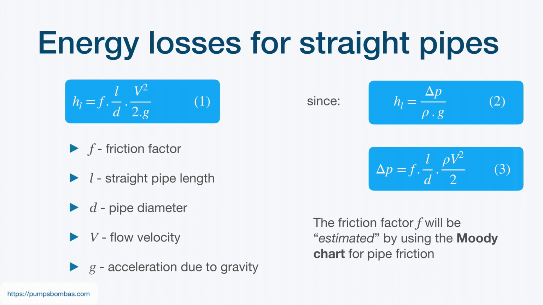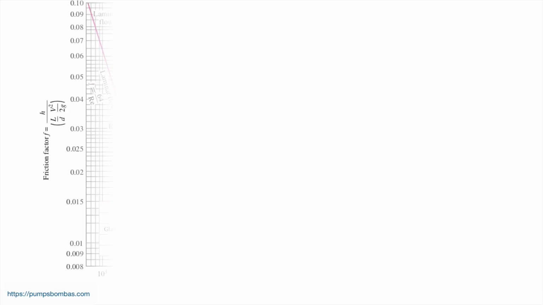The friction factor f will be estimated by using the Moody chart for pipe friction. Why estimated? Well, the friction factor will be estimated, the same as pressure losses or head losses, because we do not calculate this, we simply estimate, but it is sufficient to estimate this. We will see when going beyond this point.